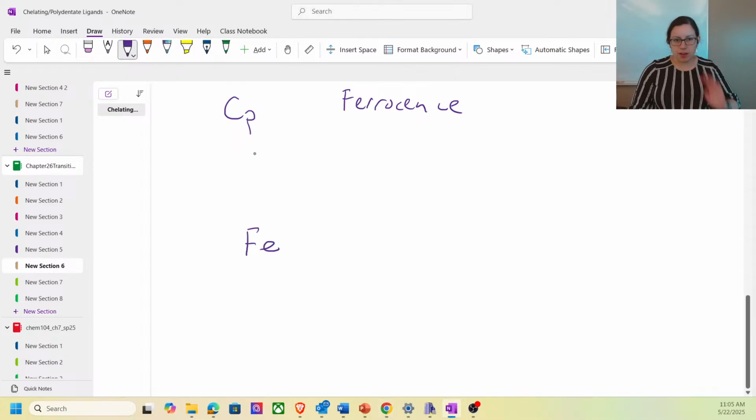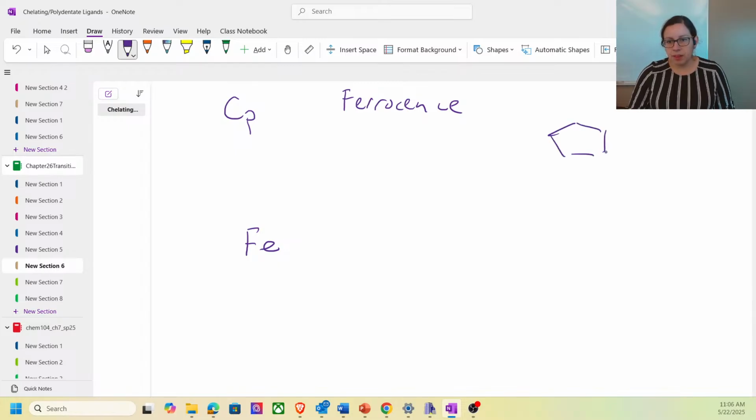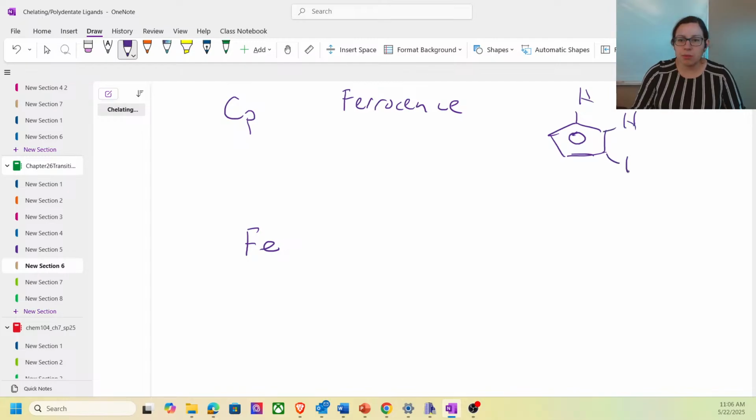So it's iron, and then Cp is this 5-membered ring that is aromatic. It's often just drawn like so to show the aromaticity, because there's a charge on there. And then it has a bunch of C-H bonds. Again, it looks pretty similar to benzene, just 5 instead of 6.